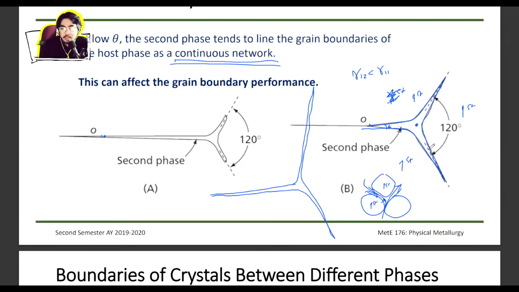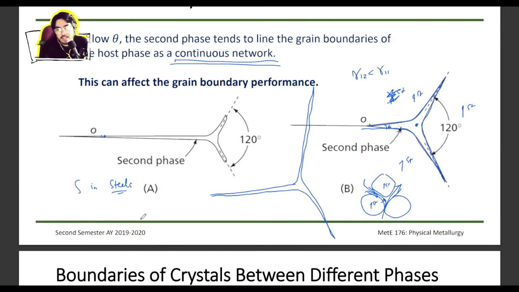A staple example is sulfur in steels, because sulfur in steels, ang nangyayari kasi is they produce precipitates that have a very low dihedral angle, no? And this low dihedral angle na sulfides, it could be any sulfide.